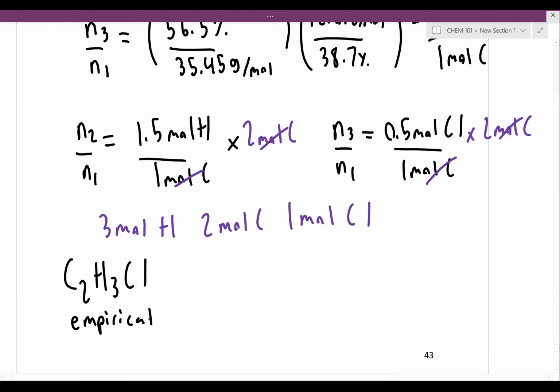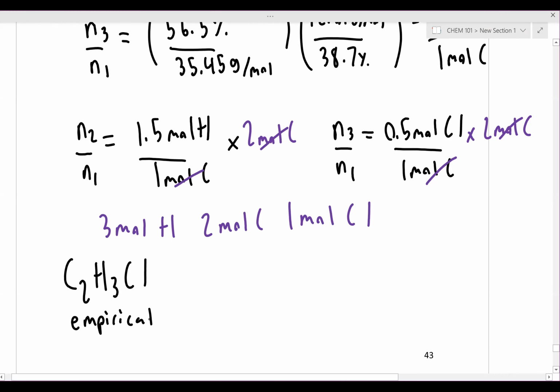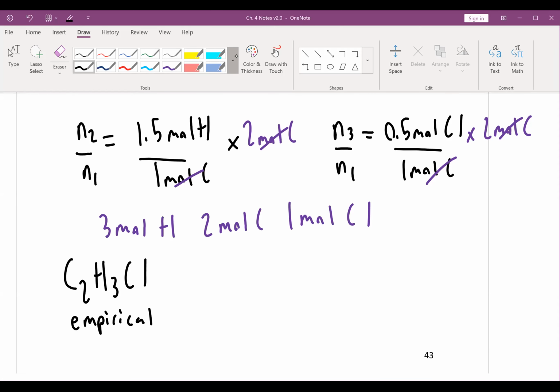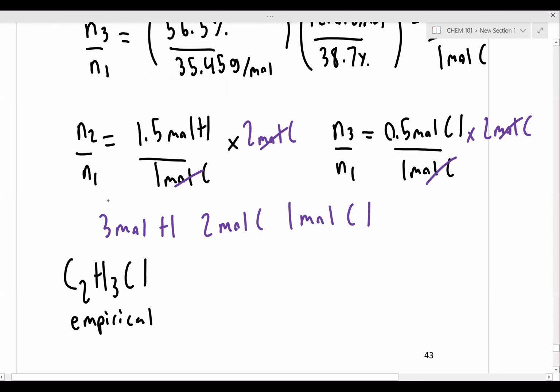Now we can calculate the molar mass of this empirical subunit. So let's do just that, by adding up the mass of each of our component elements. So we have 12 grams per mole for carbon, and we have how many carbon atoms? 2.